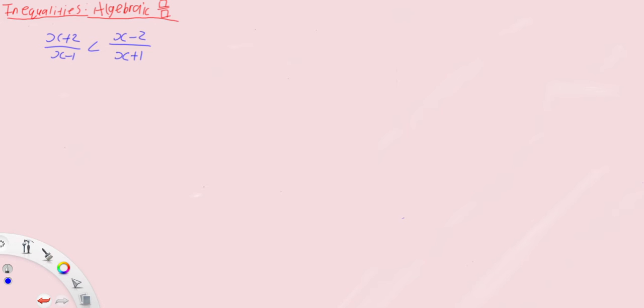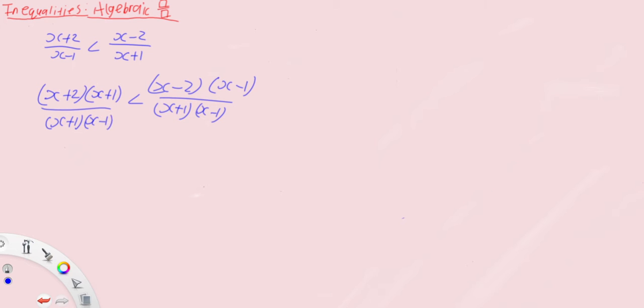The denominator is (x minus 1) times (x plus 1), which means we simply quote-unquote cross multiply, but without getting rid of the denominator. So we have (x plus 2)(x plus 1) on the left, (x minus 2)(x minus 1) on the right. The denominator would be (x plus 1)(x minus 1).